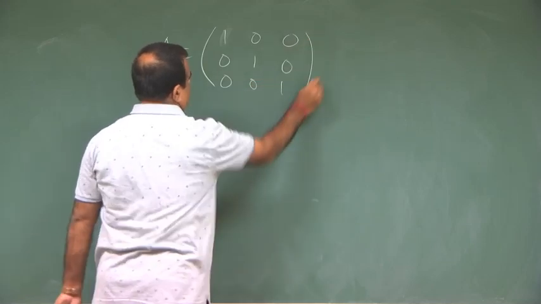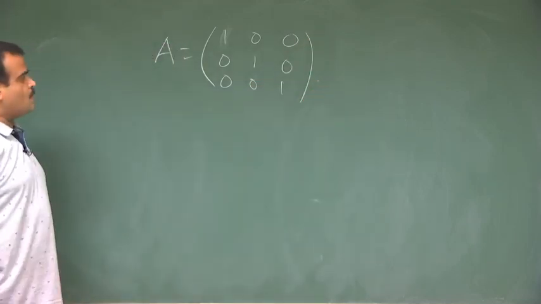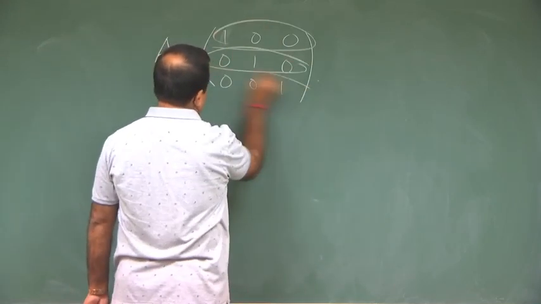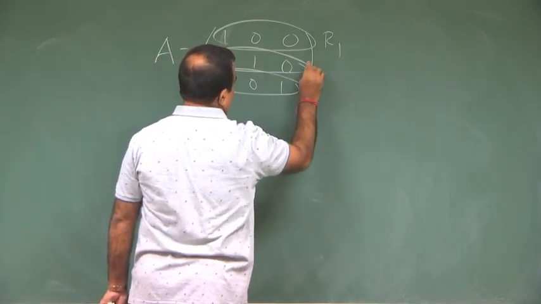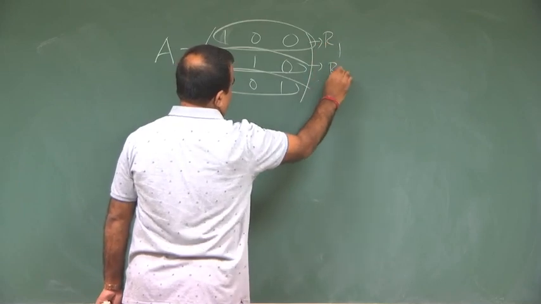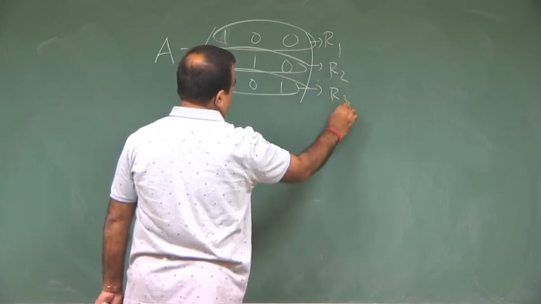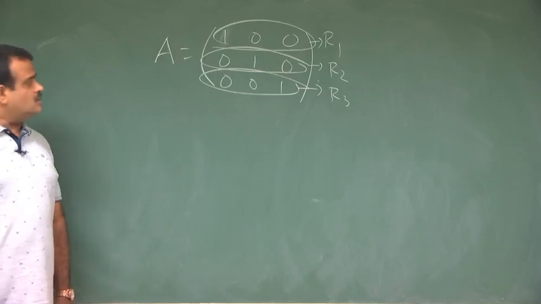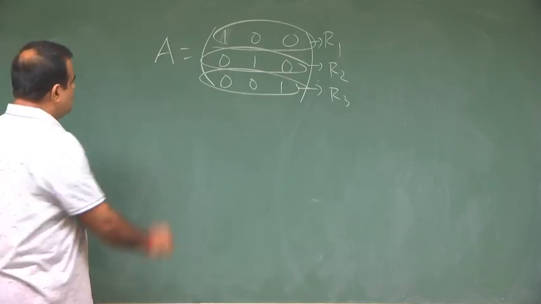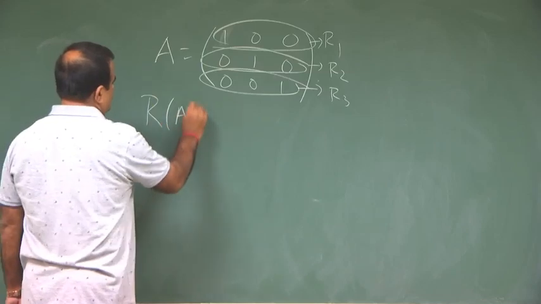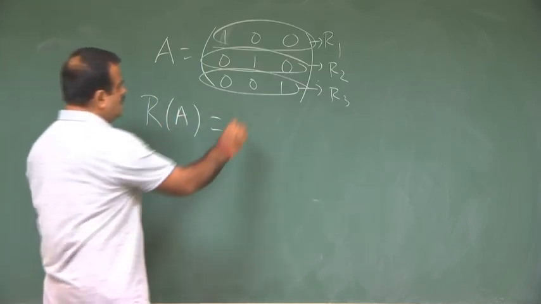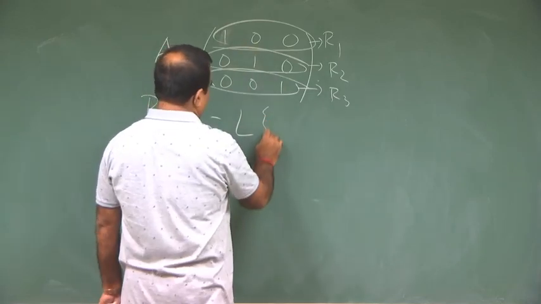Now, what are the rows? These are the rows: this is R 1, this is R 2, this is R 3. So, what is the row space? The row space is the linear span of R 1, R 2, R 3.